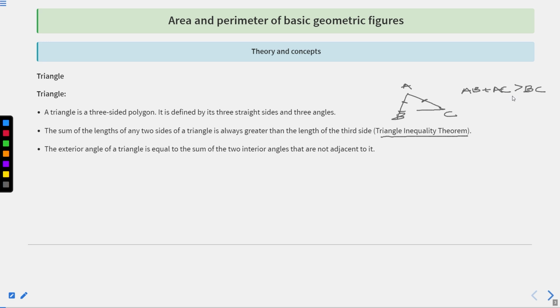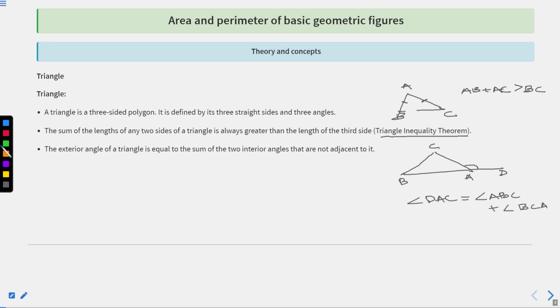The exterior angle of a triangle is equal to the sum of the two interior angles that are not adjacent to it. So if this is a triangle and this is your exterior angle, suppose I name the points A, B, C, and D. Here I am saying that angle DAC is equal to angle ABC plus angle BCA.